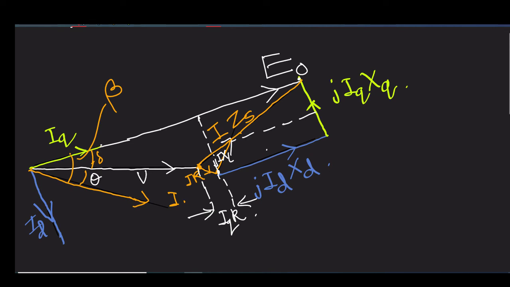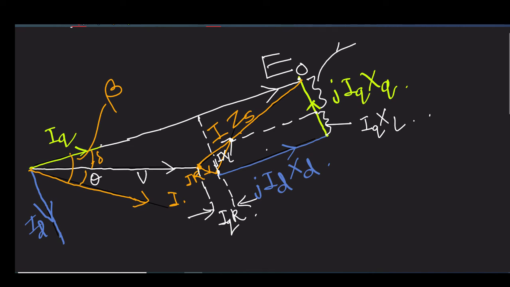If you draw a perpendicular from the tip of here, this much length is how much? This is IQ XL. Sorry, IQ XL. So what remains here?